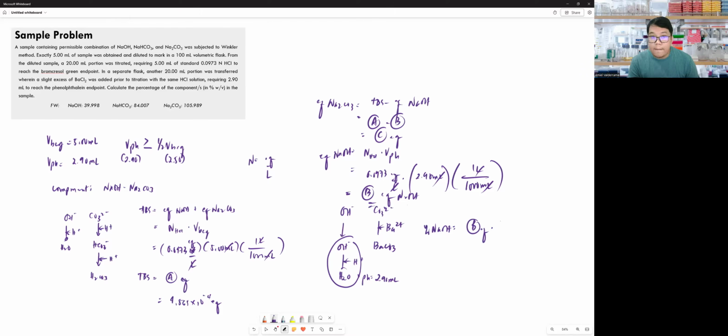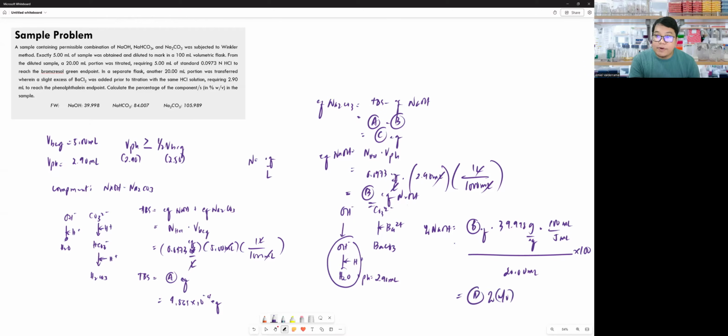So, 39.998 gram per equivalent times dilution factor. So, dito, exactly 5 ml was diluted to 100. So, 100 over 5 ml. Divided by the volume of the sample used, 20 ml. Times 100. So, sagot dito ay store natin kay letter D, percent weight per volume.